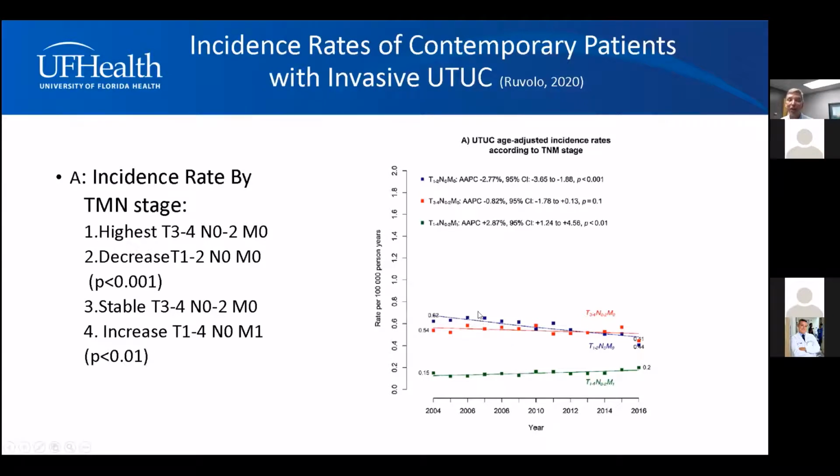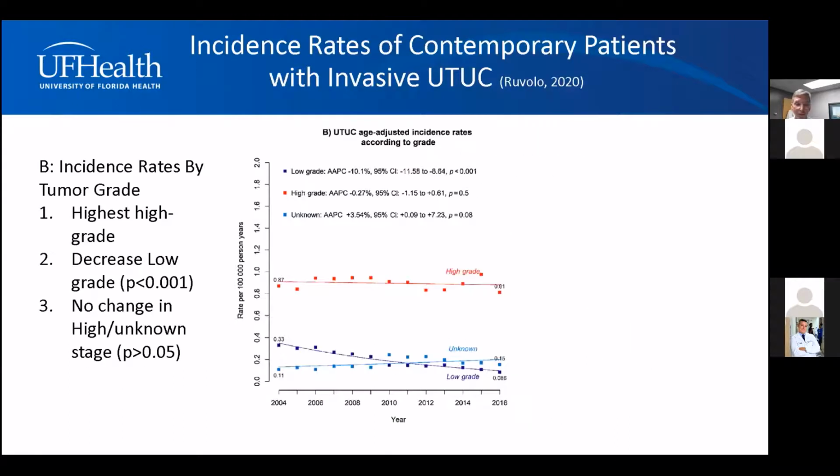There was a decrease in T1 over time, but T3 and 4 really stayed stable in this red line, and you can see how the purple line has gone down. And there was an increase in T1 and T4. So over time, it's still suggesting that the higher stage, T3 and T4, is a problem that needs to be dealt with. Then the highest rates by tumor grade.